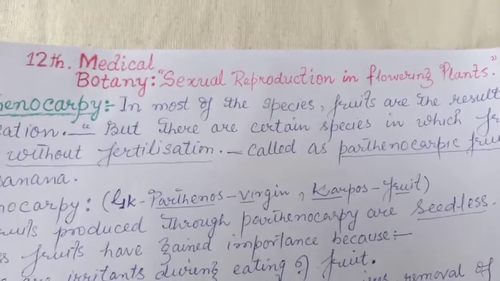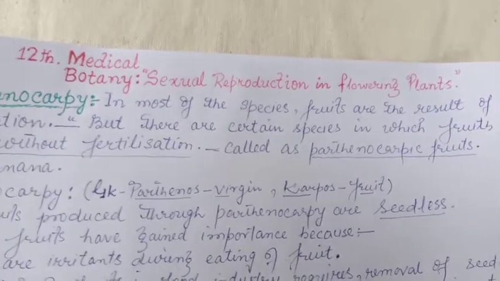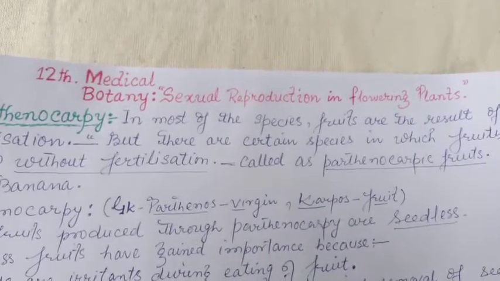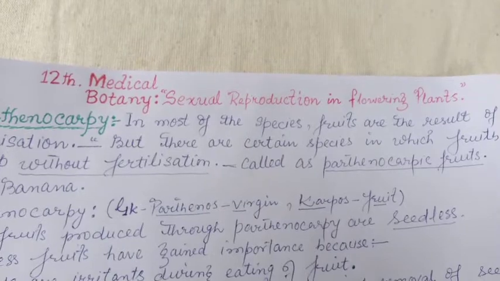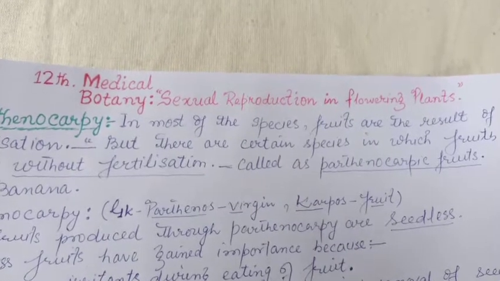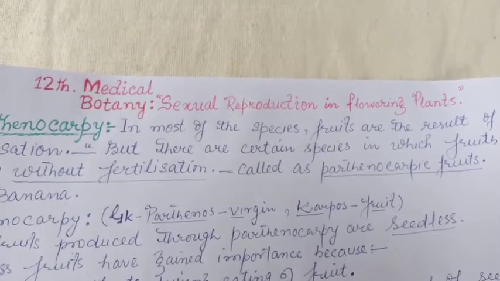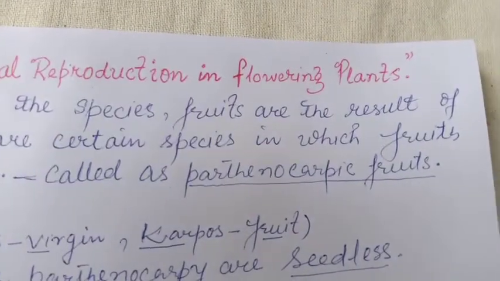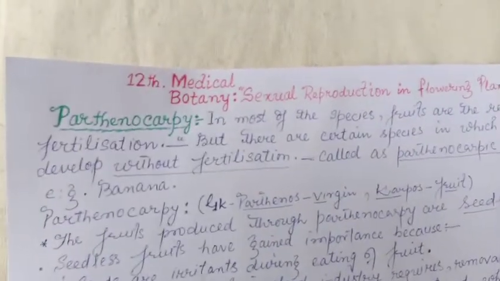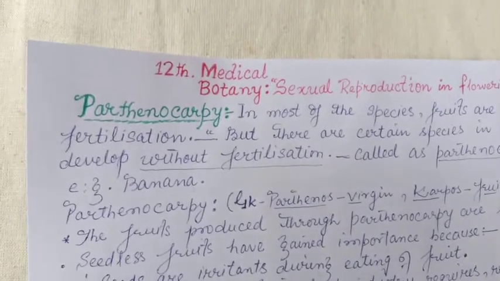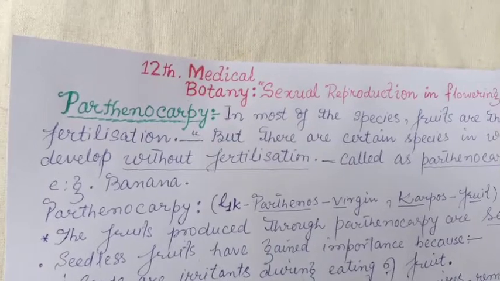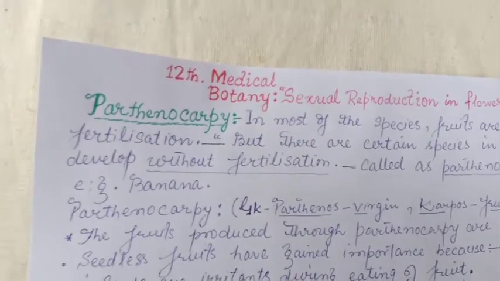But there are certain species in which fruits develop without fertilization, and this process is called Parthenocarpy, and such fruits are called parthenocarpic fruits. Banana is the typical example, where the fruit is produced without the events of fertilization.